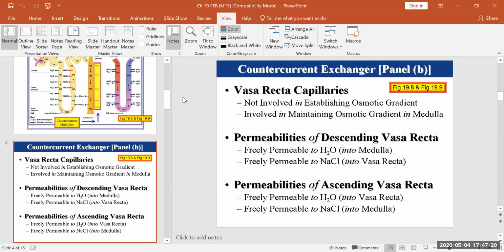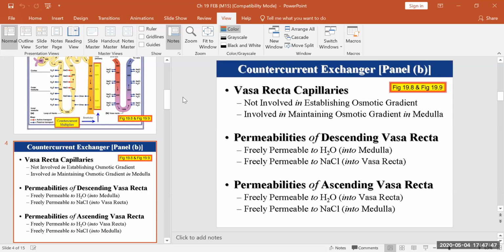This is the capillary bed that is exclusively, intimately, physically interacting with the long loops of Henle of the juxtamedullary nephron. So when you hear the word vasa recta, you know that they are interacting with these extremely long loops of Henle in the renal medulla, okay?